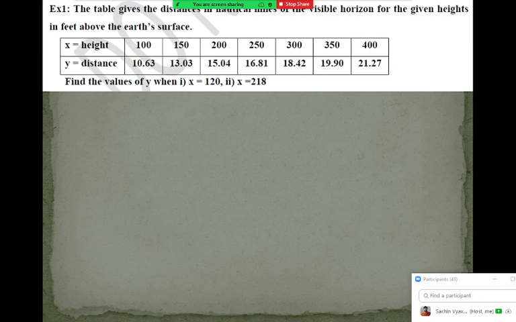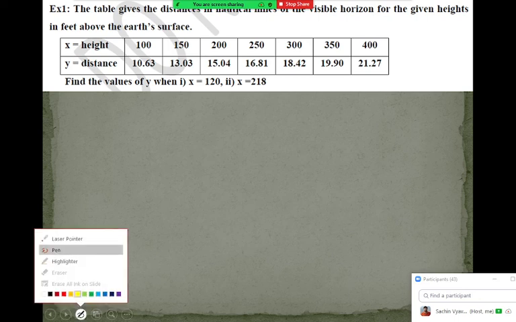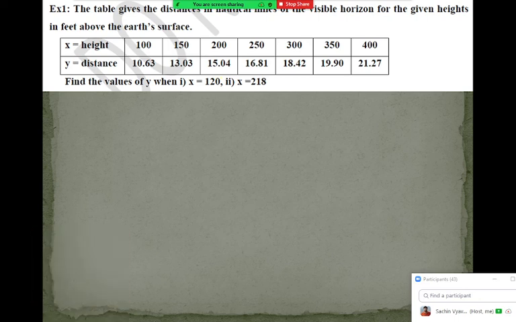Let me focus only on the first part, because in the exam the question will come only for one part. This is just for practice. I have taken here: find the value of f(x) when x is 120 and when x is 200. But in the exam, if you see the old question papers, you will find you have to evaluate it only at one point. So can anyone tell me what should be a plus xh first?